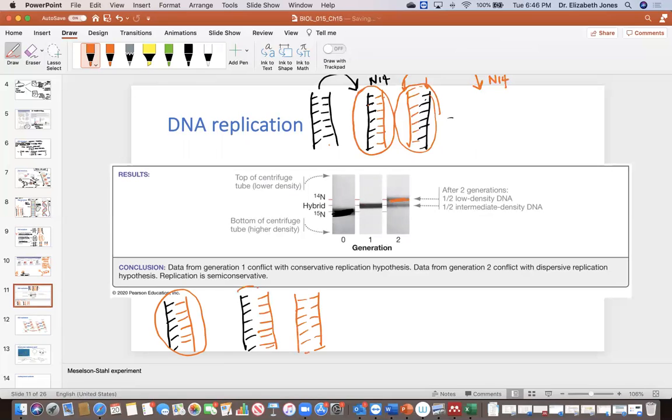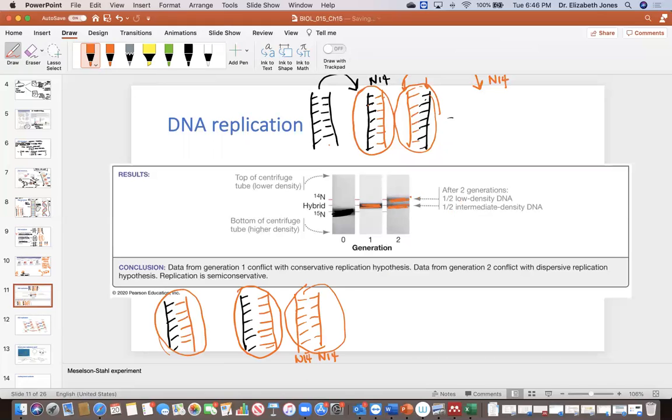Look here. This molecule of DNA is going to weigh the same as this molecule of DNA here, isn't it? So look, this and this are at the same place. They're the same weight. But this molecule of DNA has no heavy nitrogen at all. It is just N14 and N14.